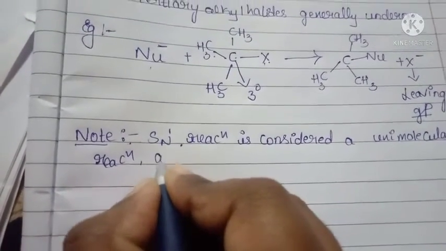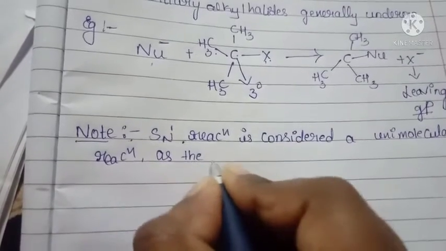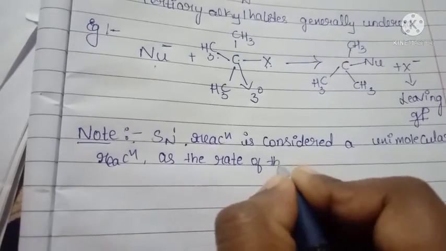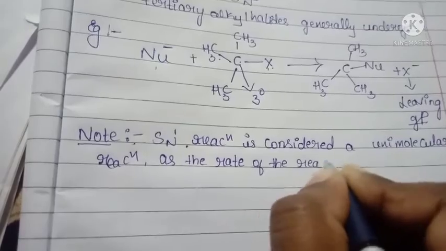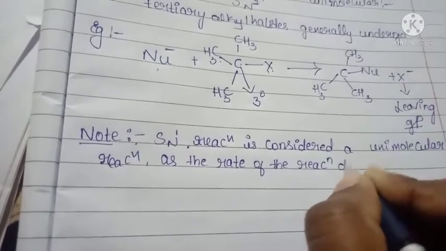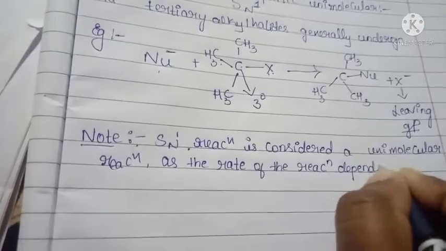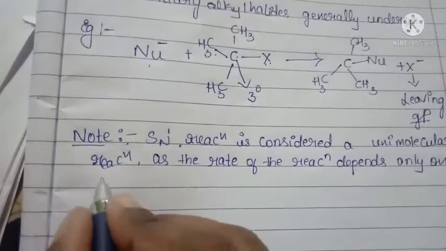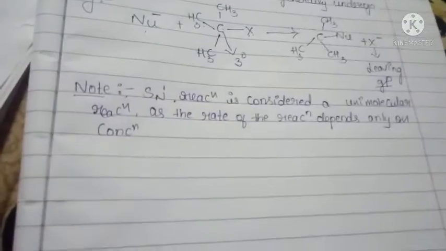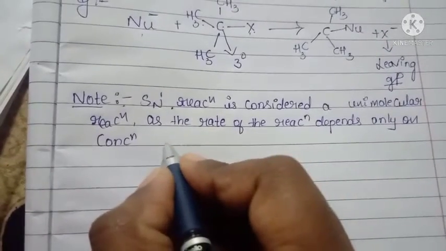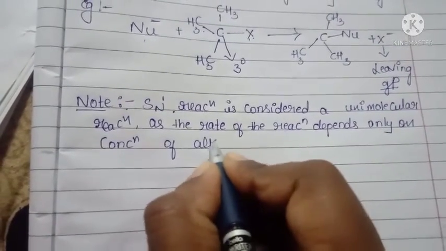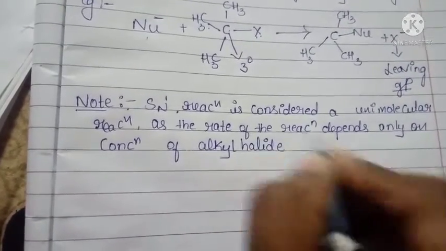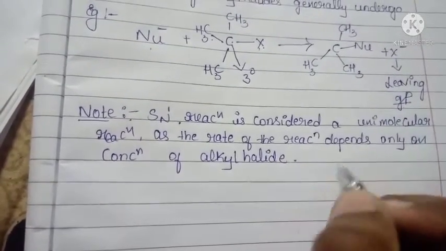So the rate of the reaction depends only on the concentration of which one? Alkyl halide. Okay, the rate of the reaction only depends on the concentration, that should be the alkyl halide.